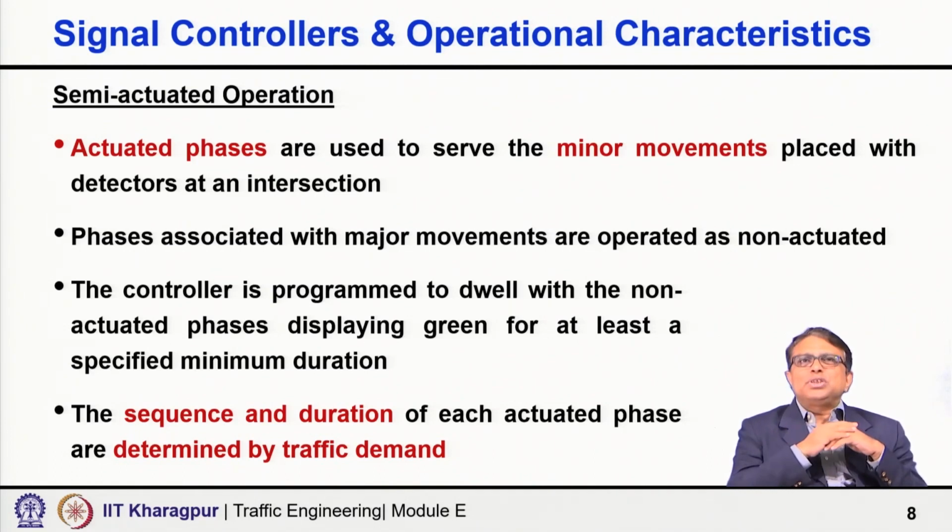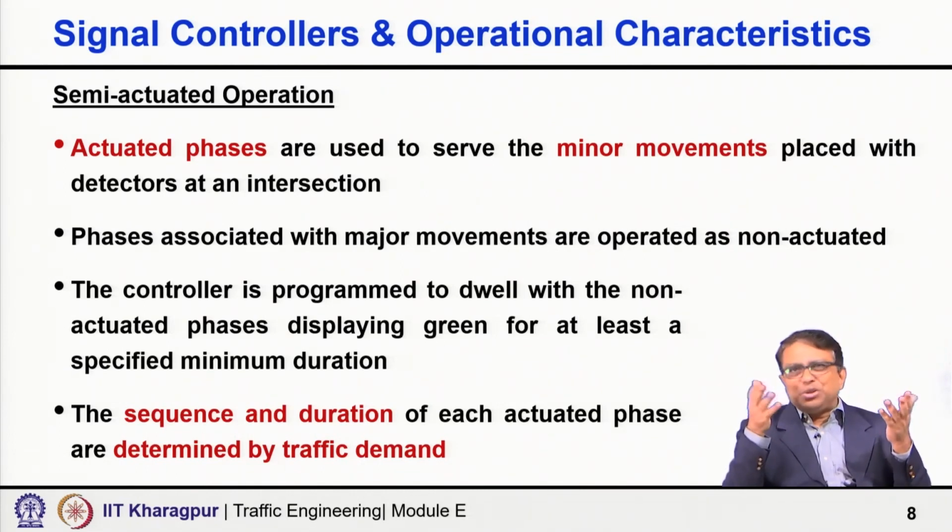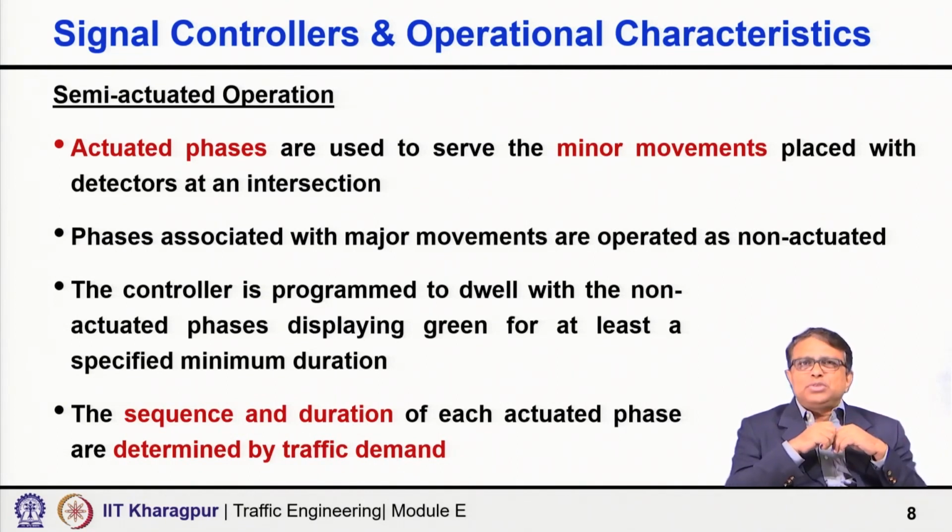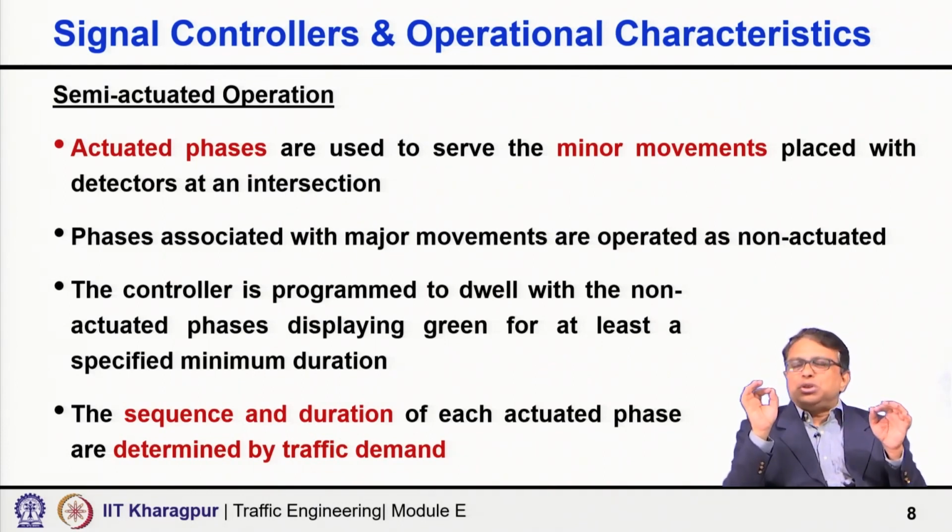So, the phases associated with the major movements are operated as non actuated, as I said, because there we do not want to use detectors, because by default the major movement should get green. The controller is programmed to dwell with the non actuated phases displaying green for at least a specified minimum duration.